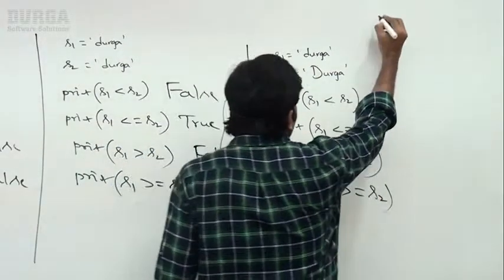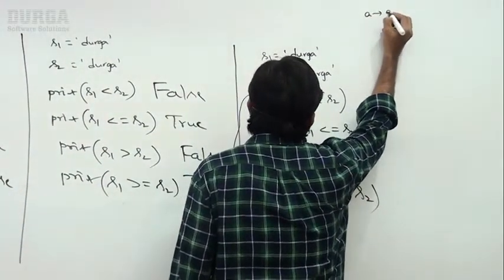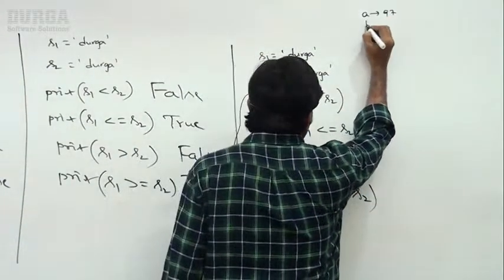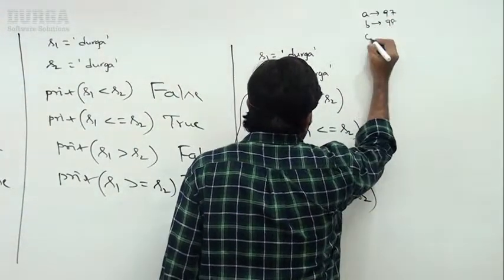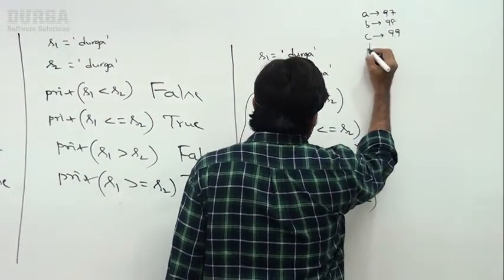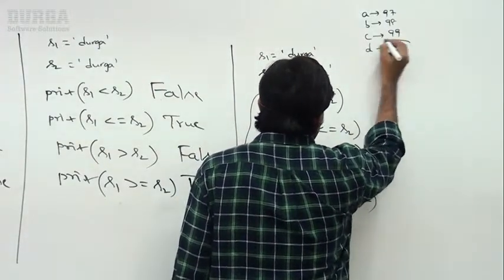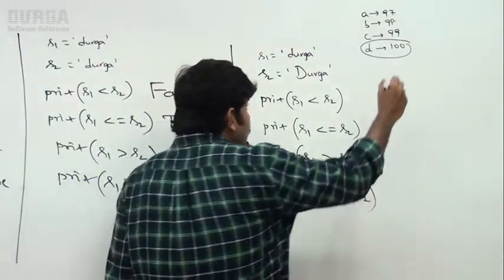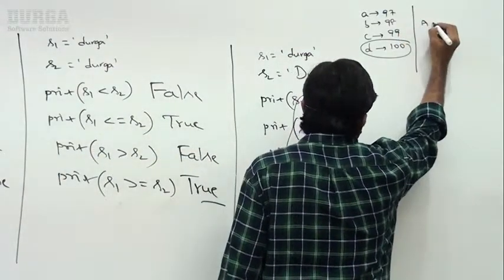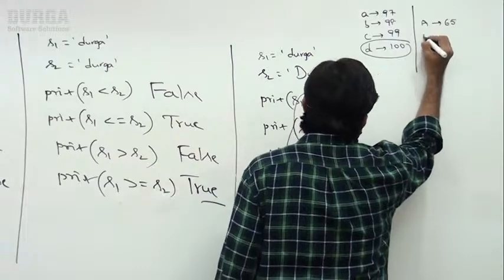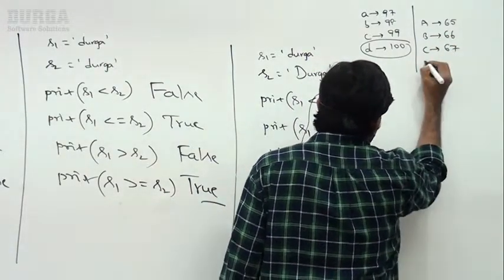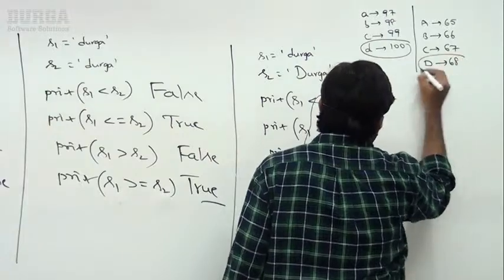Small a, Unicode value 97. B means 98, C means 99, D means 100. So the Unicode value of small d is 100. Next, capital A, Unicode value 65, capital B 66, 67, capital D means 68.